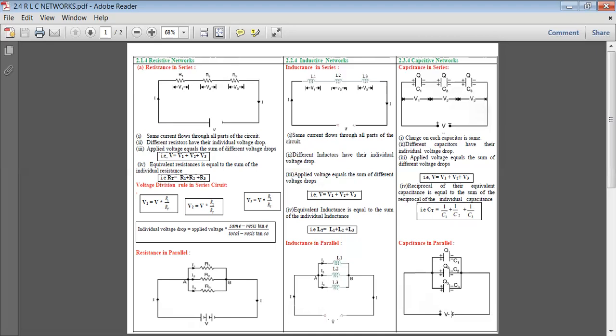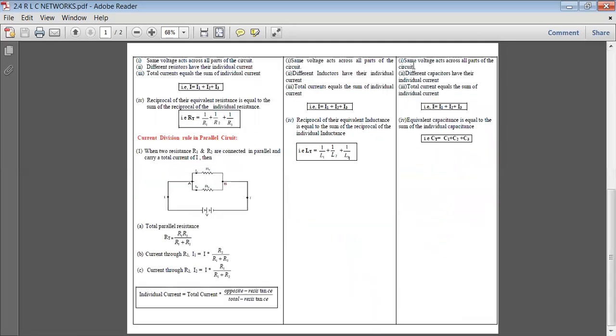If you apply voltage, we get Q1, Q2, Q3, and the voltage will be the same. I can see the points here. Same voltage acts across all parts of the circuit.